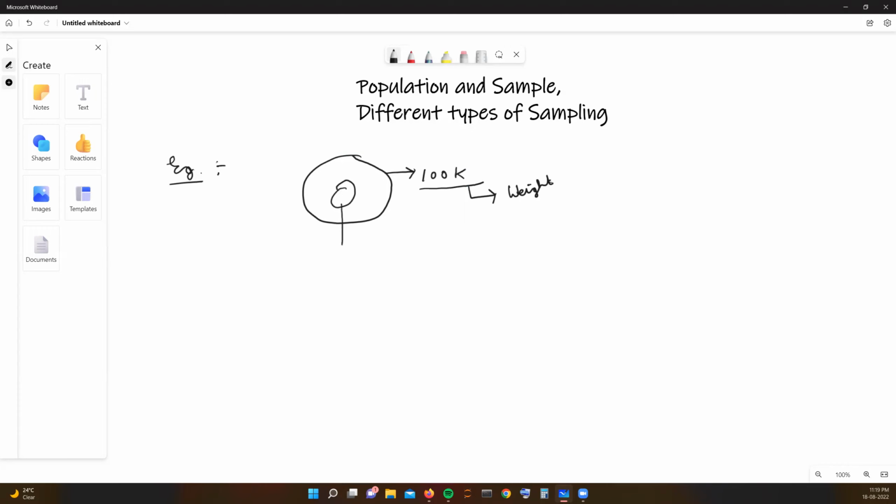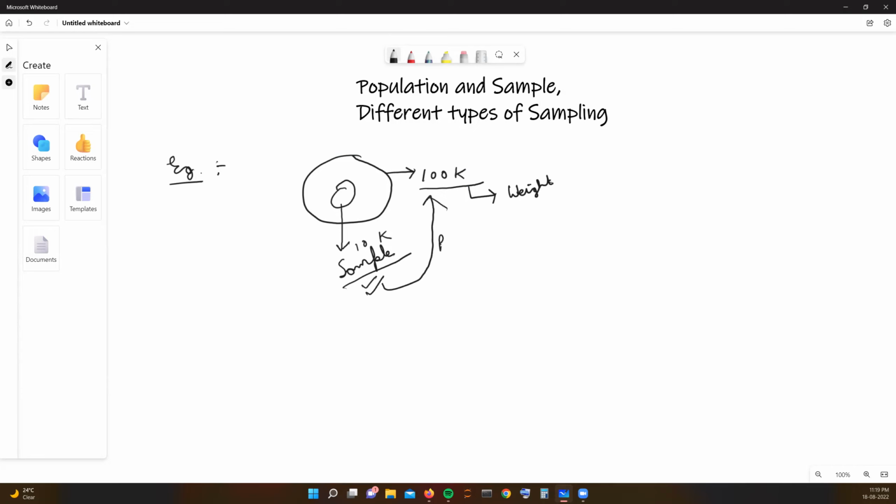For example, he takes a sample of 10K people. He went to 10K people and reported their weight. This particular thing is known as a sample, and by running some inferential statistics tests on this sample, he can draw conclusions about the complete population.